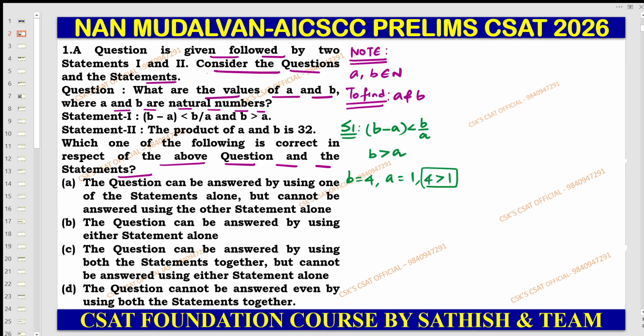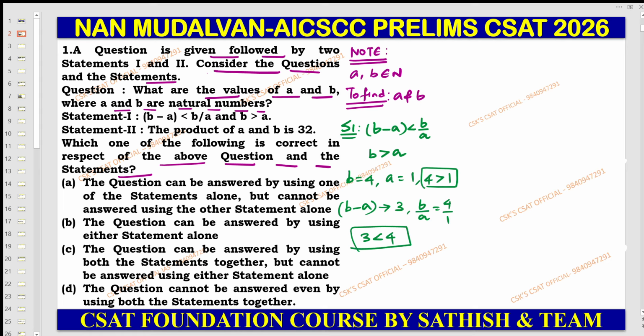Next, b minus a is 3. What is b by a? b by a is 4 by 1. So 3 is lesser than 4.